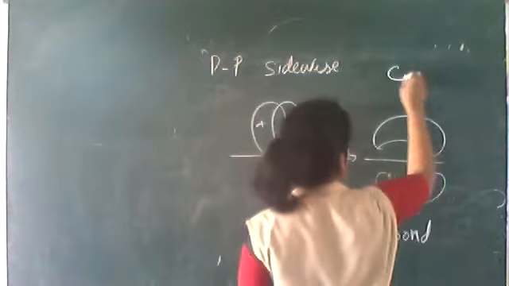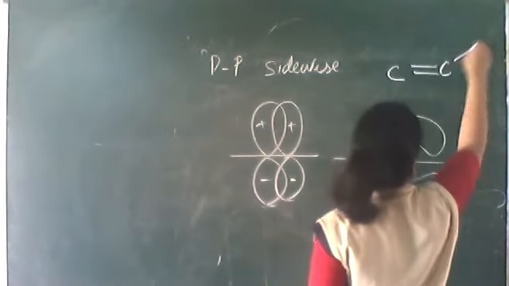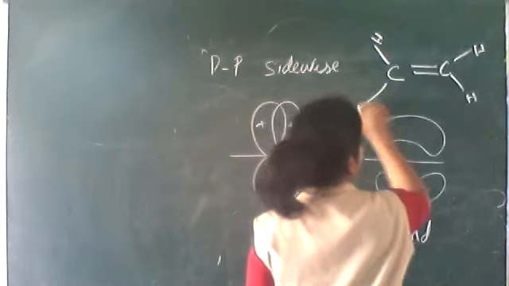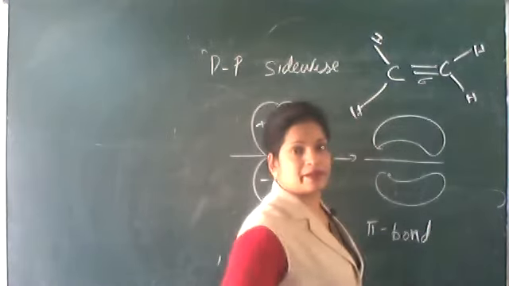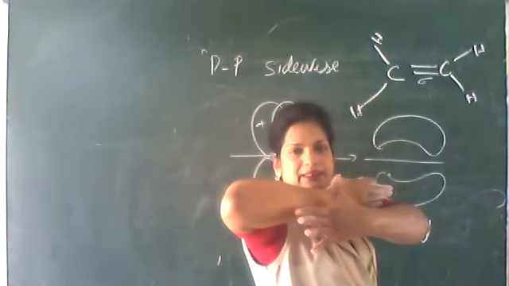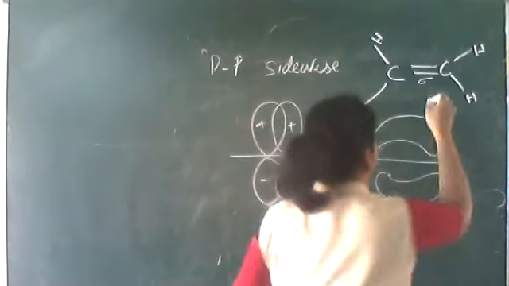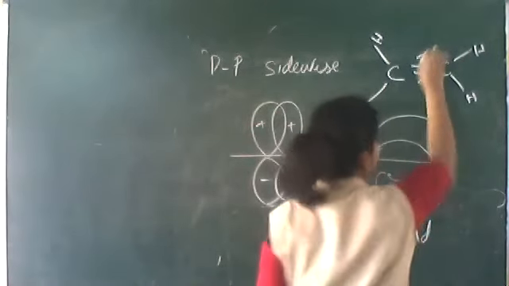For example, C double bond C with H H, which you learned last year. In that, this is a sigma bond along the internuclear axis, and this pi bond will be sidewise. So this is a pi bond.